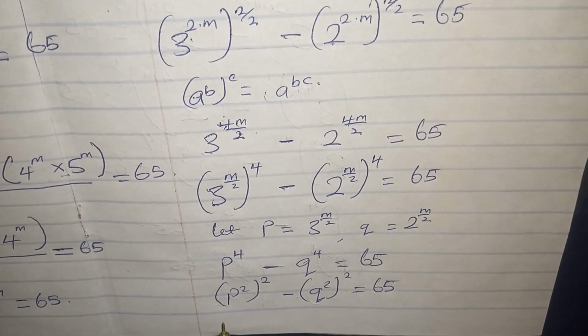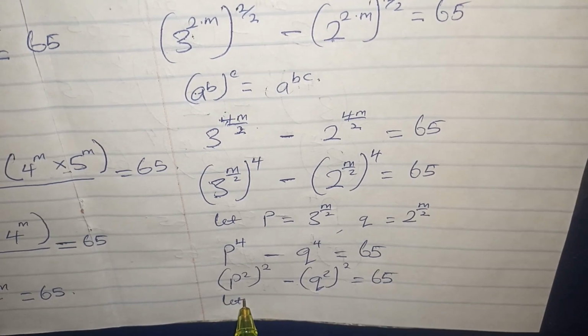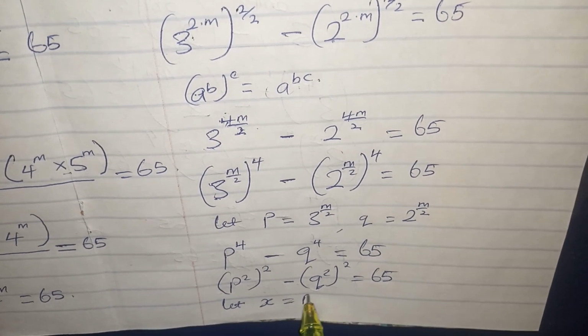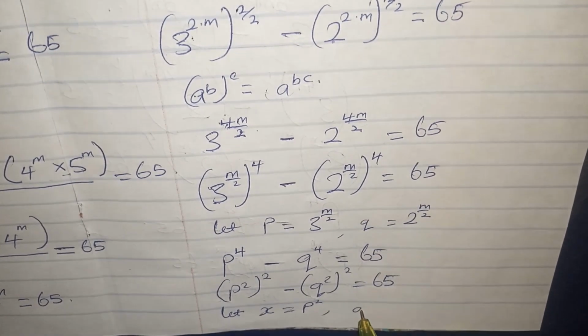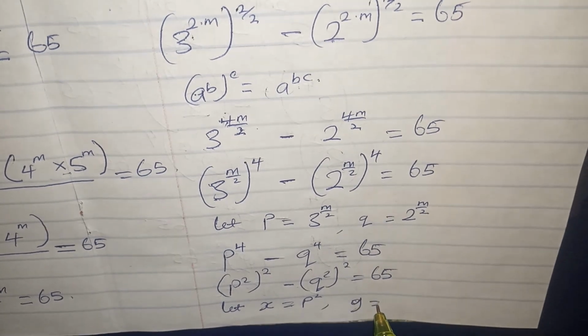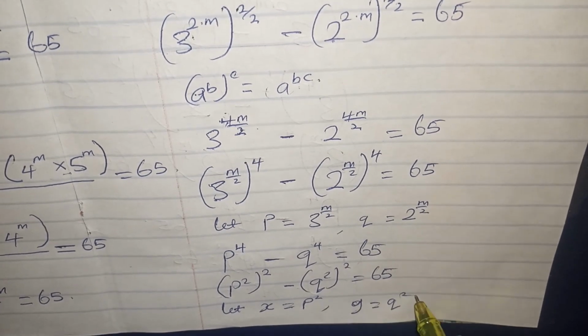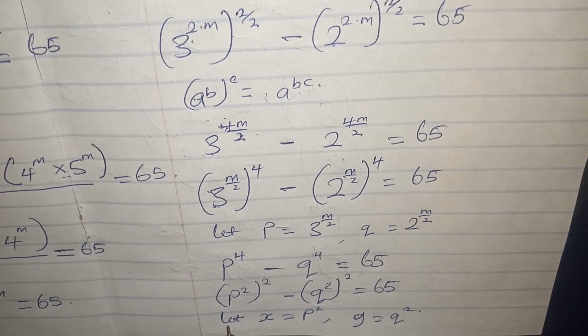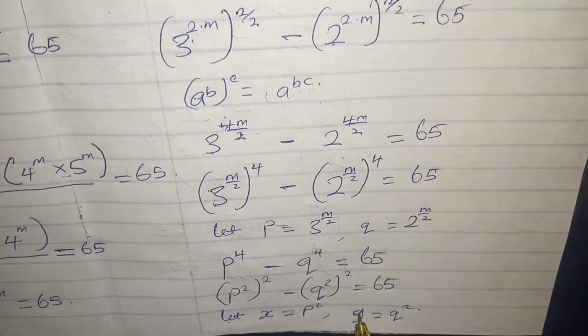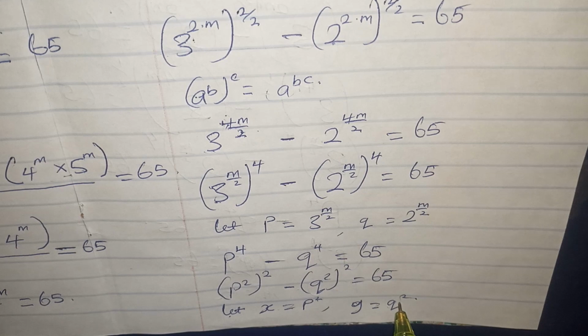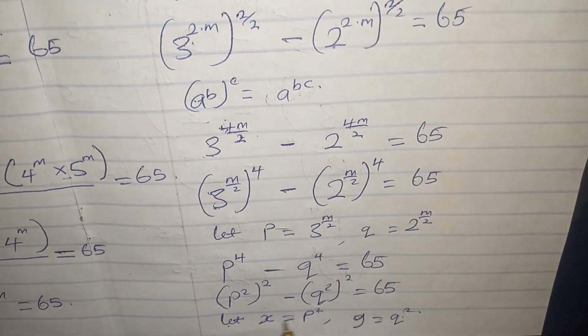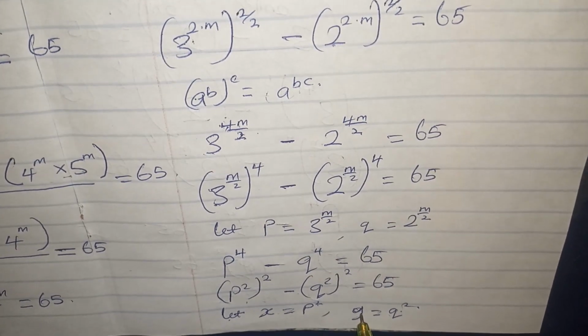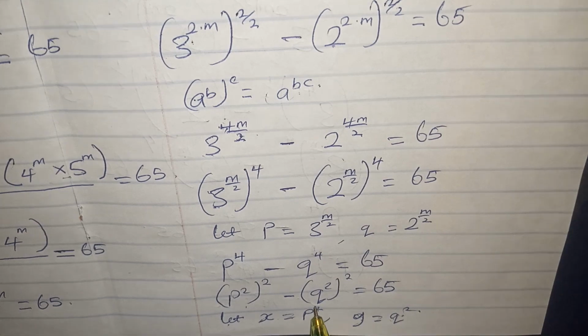We are now going to say let x equal p squared and let y equal q squared. So wherever we see p squared, we put x, and wherever we see q squared, we put y.